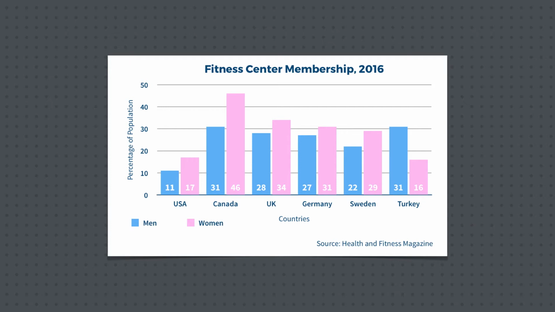Now, if one of those numbers were to change, let's say the number of men increased to 40%, that doesn't affect the number of women. The number of women could still stay the same. Similarly, if the number of men in Canada increased, it wouldn't affect the number of men in any of the other countries. That's because these categories of data are discrete. They're related, but they're not connected in the sense that one number changing doesn't affect any other number.